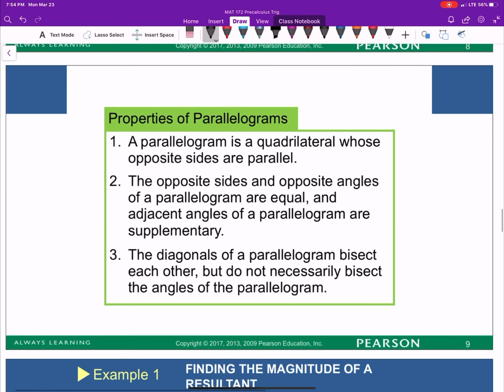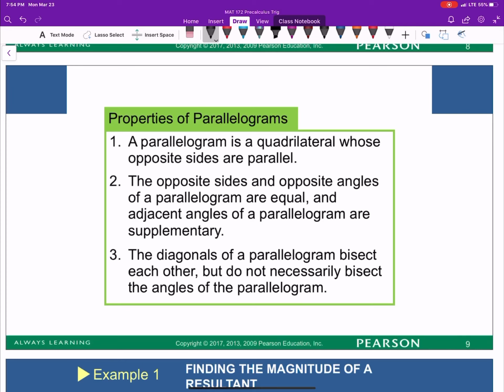So let's look at properties of parallelograms. A parallelogram is a quadrilateral whose opposite sides are parallel. The opposite sides and the opposite angles of a parallelogram are equal.